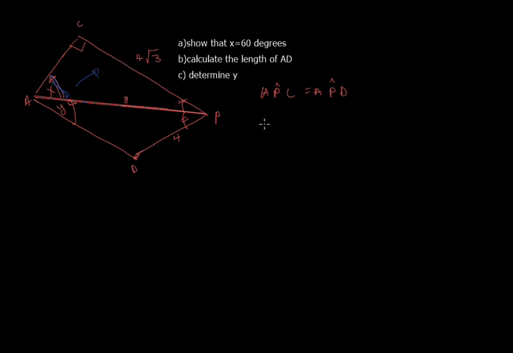So we could use the sine ratio, sine of x equals 4 times 3 square root of 3 over 8. So now you could say x equals arc sine of 4 times 3 square root of 3 over 8.